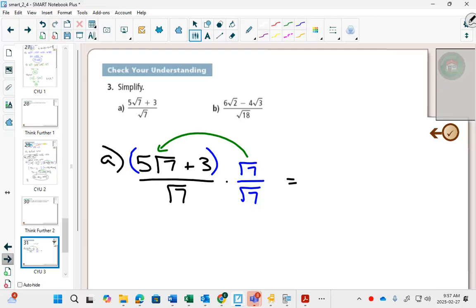Are you fine if I just write 35? Because root 7 times root 7 will just be 7, and then I still have to multiply by 5. That's 35. The root 7 times the 3 is just 3 root 7, all over root 7 times root 7, which is 7.